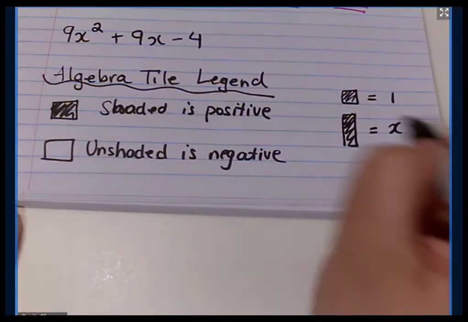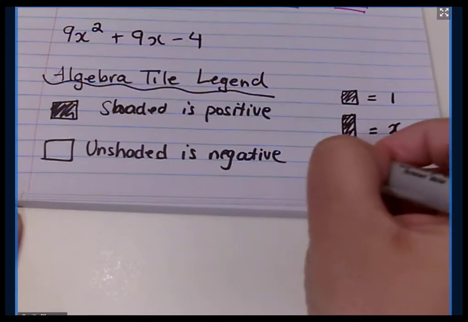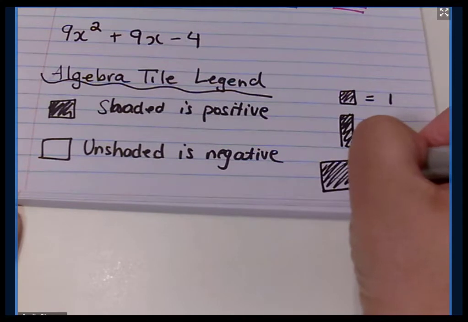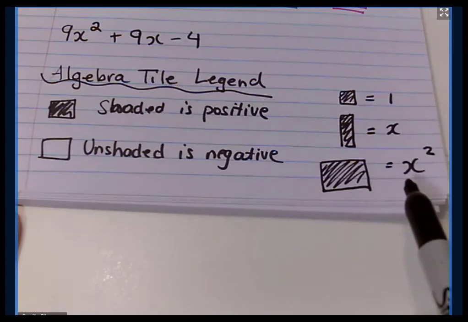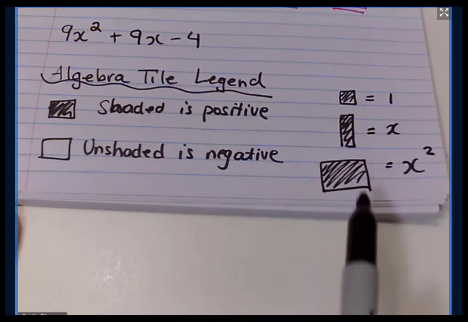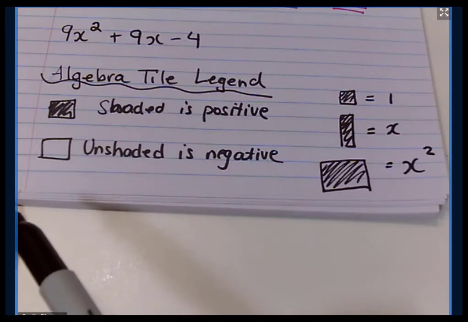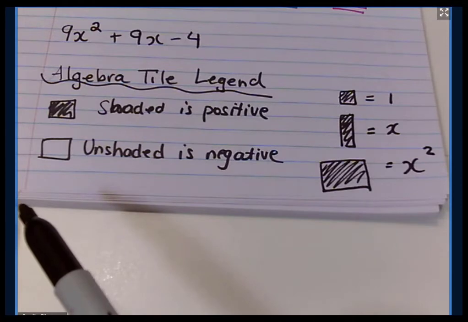And the last one is a larger square like so, and shaded, it means it is x squared. And again, positive. So positive 1, positive x, and positive x squared. If you saw those same tiles unshaded, then it would represent negative 1, negative x, and negative x squared.